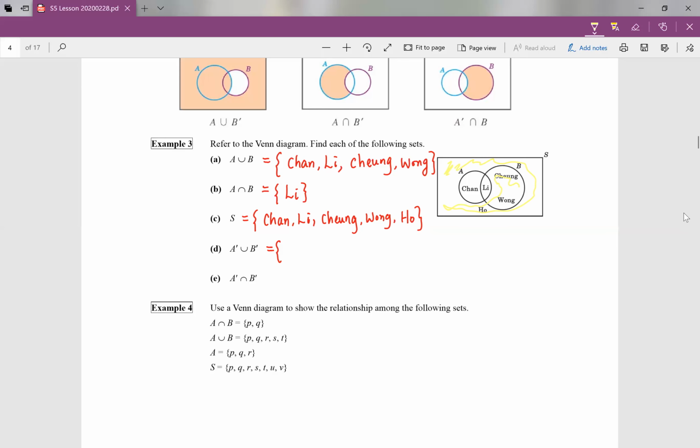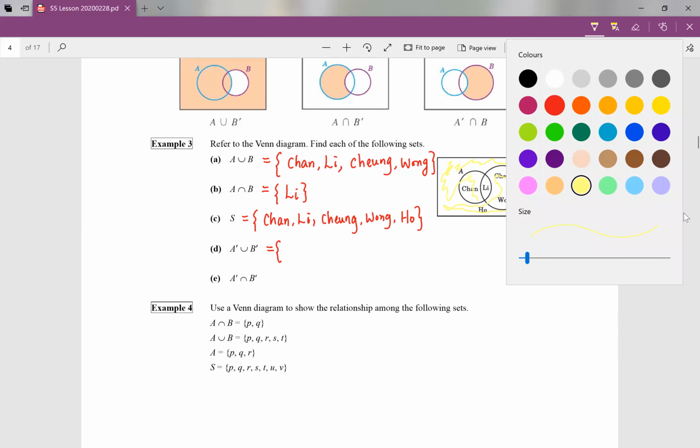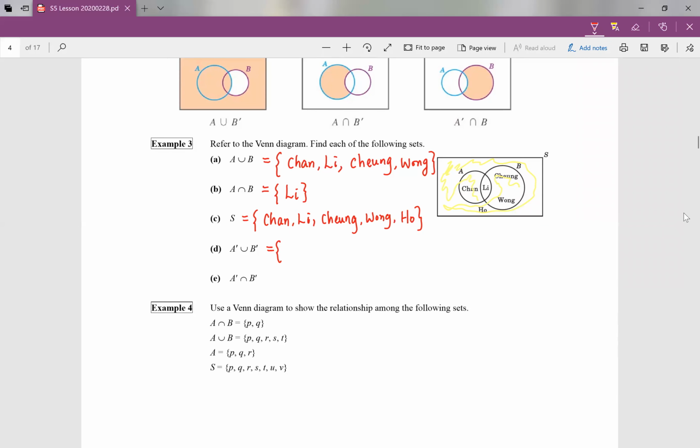That means everything here. So I'm thinking A complement, B complement. So Chen, Wang, Hou.